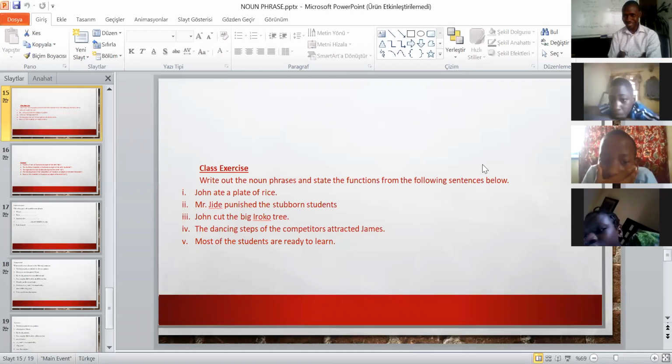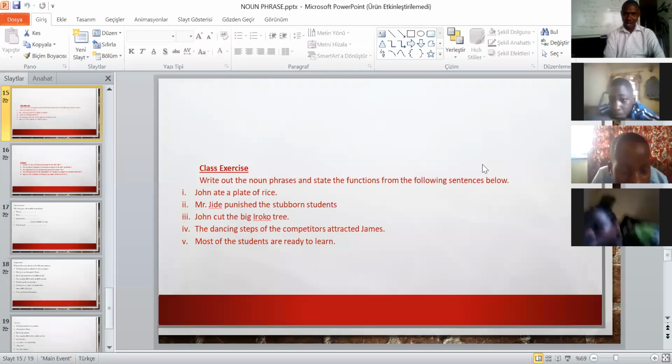No, that's not the correct answer. What is the function of the expression, the stubborn students, in that sentence? I've not seen anybody getting it right.